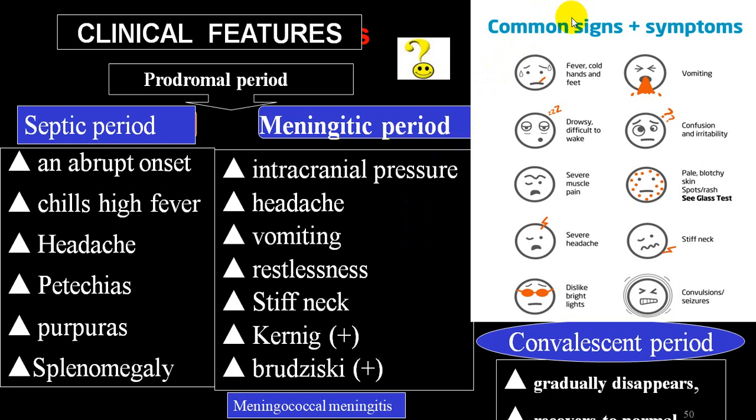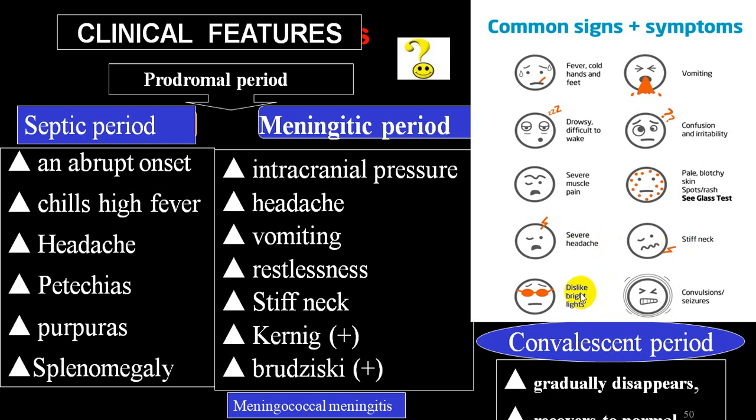The commonest symptoms and signs we have already mentioned: fever with chills, vomiting, confusion, irritability, drowsiness, severe muscle ache, skin rash, particularly in case of meningococcemia, severe headache, neck rigidity.